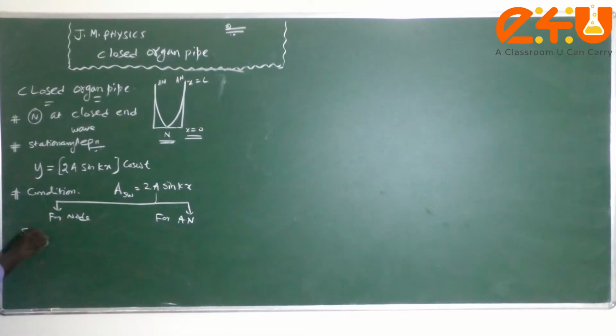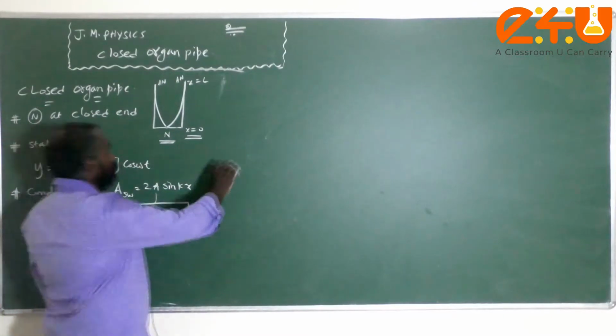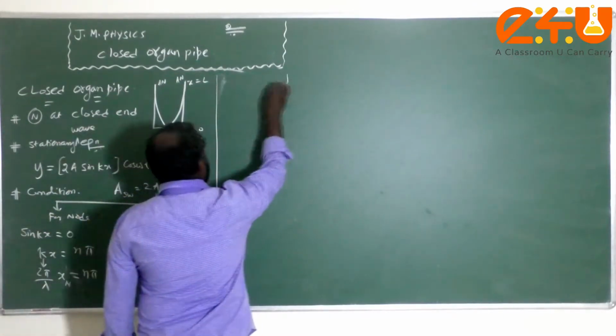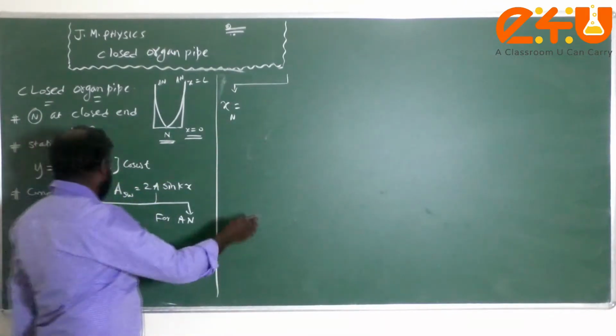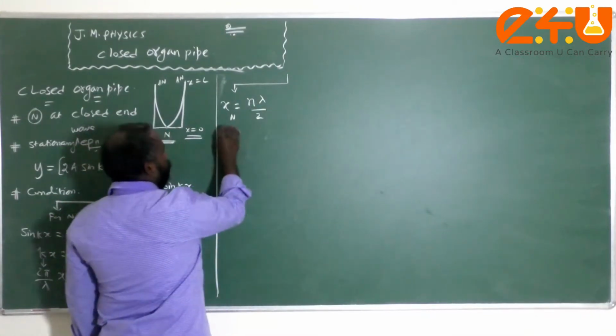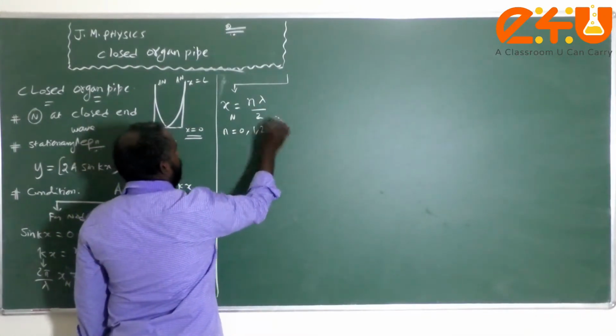That happens when kx is equal to n times pi, where k is equal to 2 pi by lambda, and x is the position of the node, x node. So x node equals n lambda by 2, where n is equal to 0, 1, 2, 3, and so on.